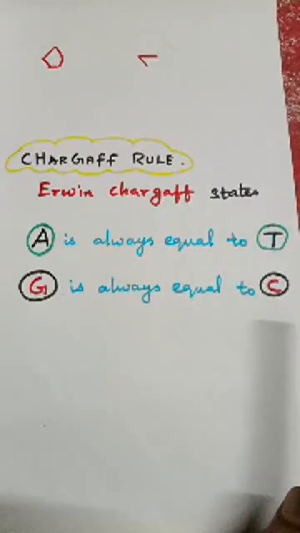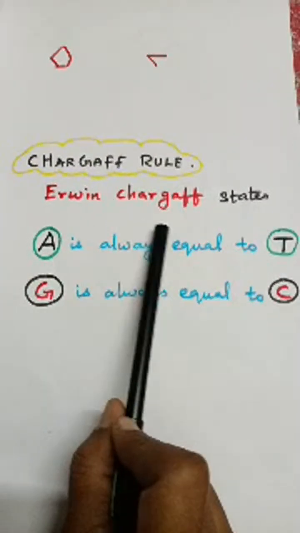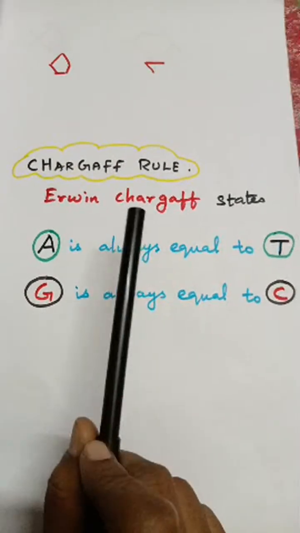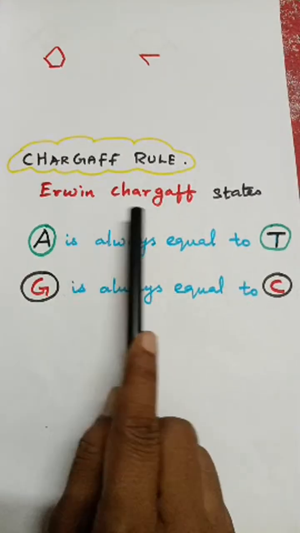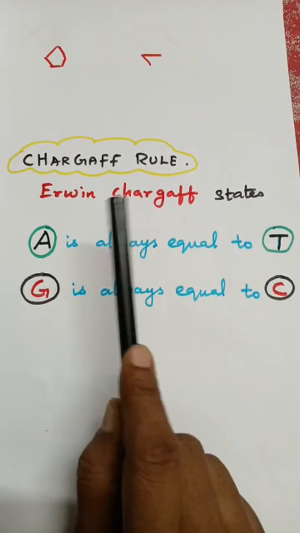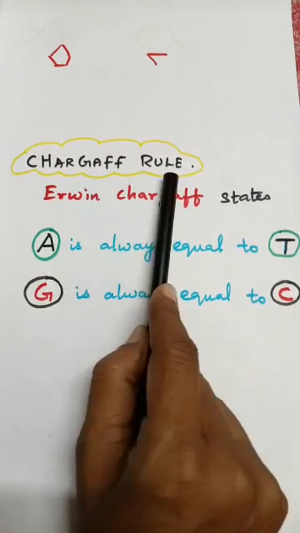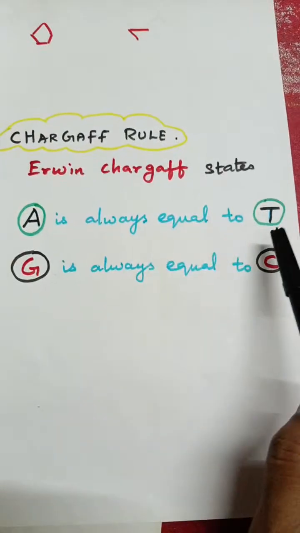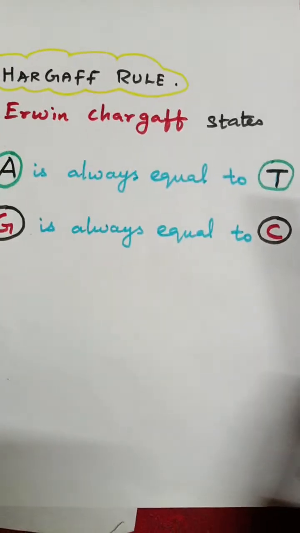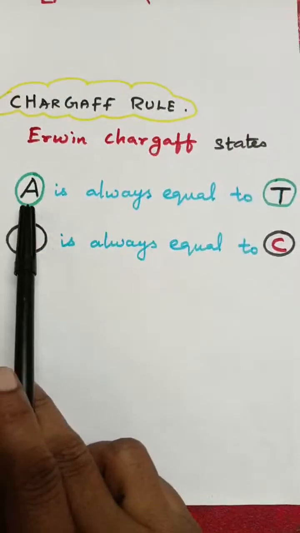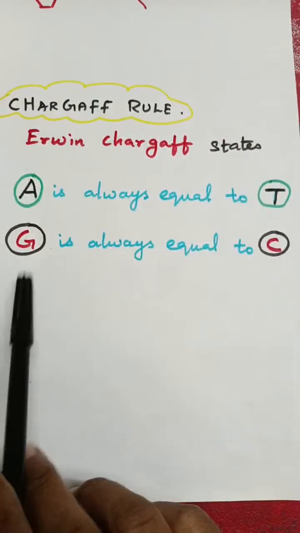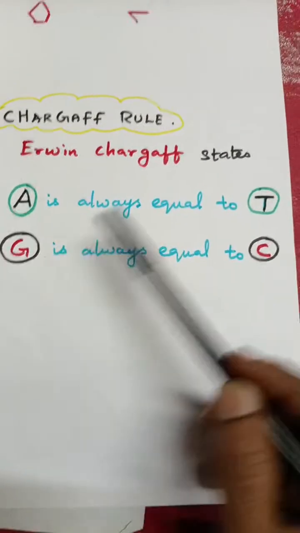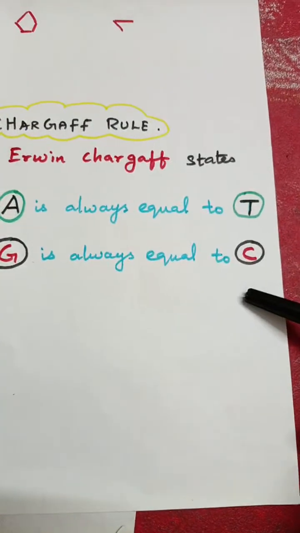That is, adenine will always be equal to thymine, and guanine will always be equal to cytosine. So this rule, discovered by the scientist Erwin Chargaff, is known as Chargaff's rule. Is that clear? Adenine and guanine are purines, thymine and cytosine are pyrimidines.